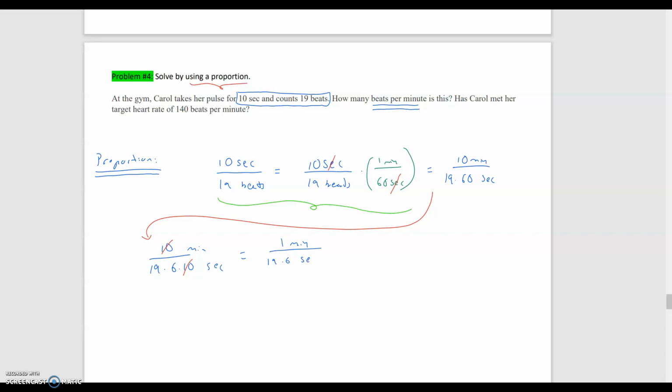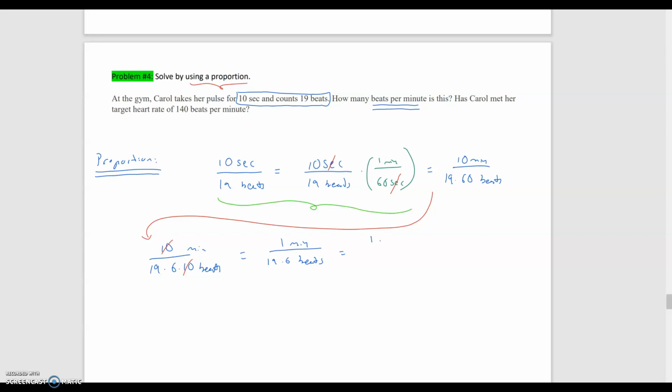Wait, your denominator is not seconds, it's beats. Since the seconds cancel, this will be beats. So this is equal to, in this case, we're going to multiply times 19 times 6. So I'm getting 114.